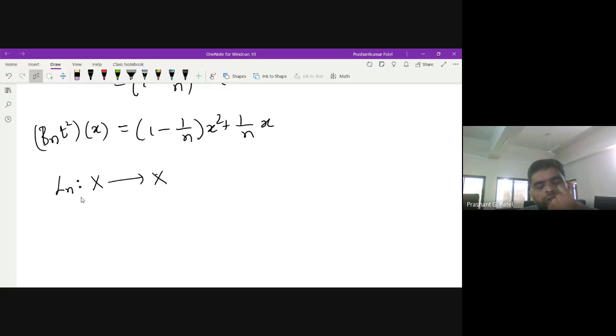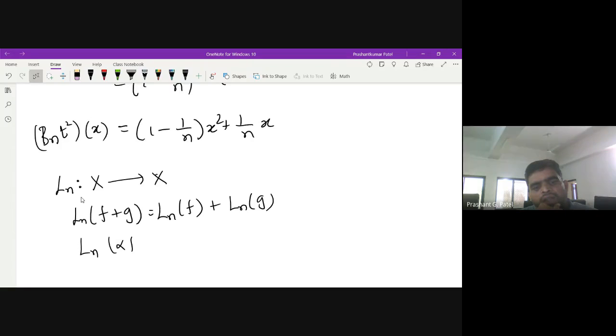So it is mapping from X to X. It is linear if L n of f plus g is equal to L n of f plus L n of g, and L n of alpha f is alpha times L n of f. So this is known as a linear operator.